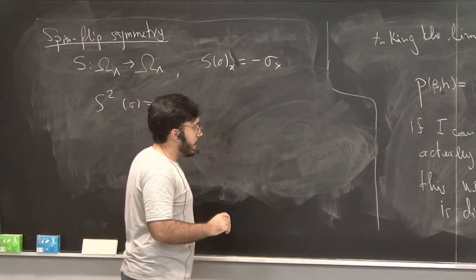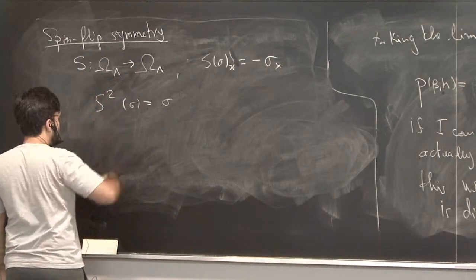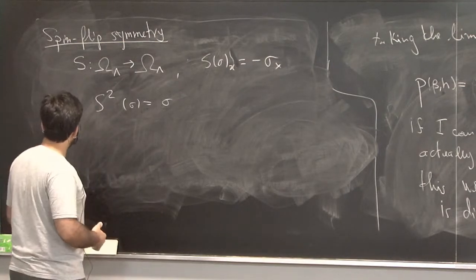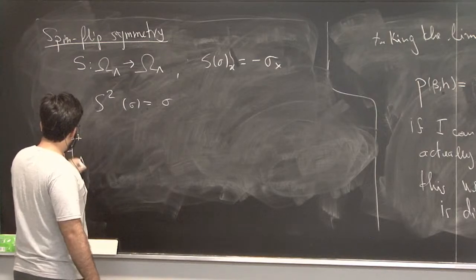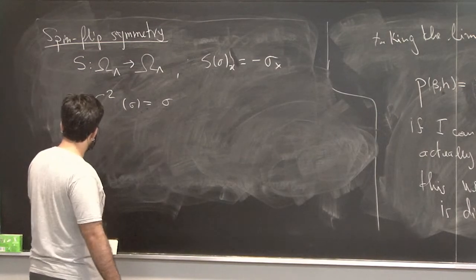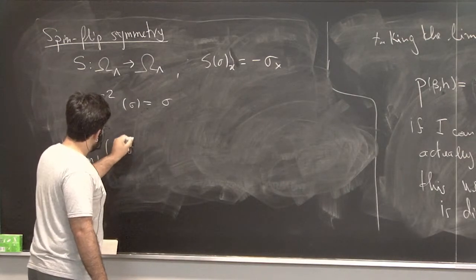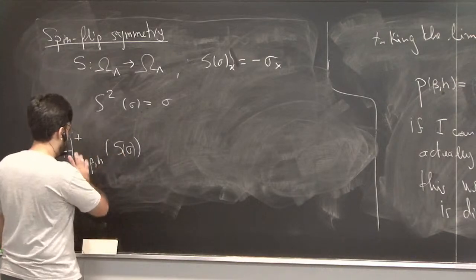Let's see what happens when I apply the action of the spin flip to the Hamiltonian with a plus boundary condition. So let me compose the Hamiltonian with a plus boundary condition with the spin flip. What does this give me?